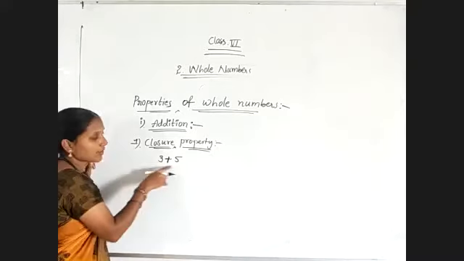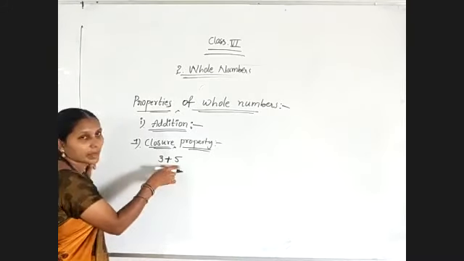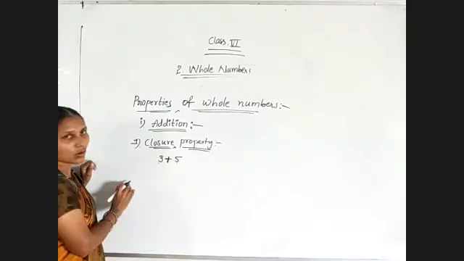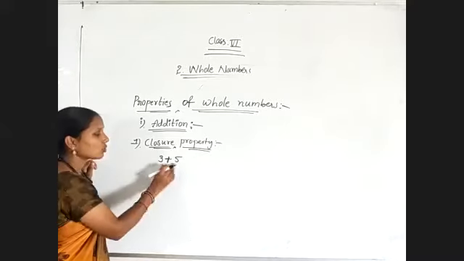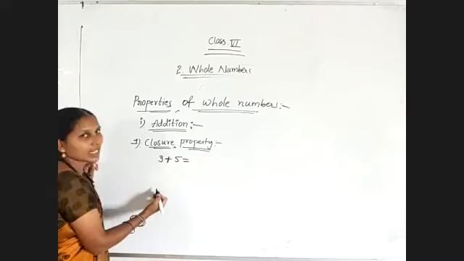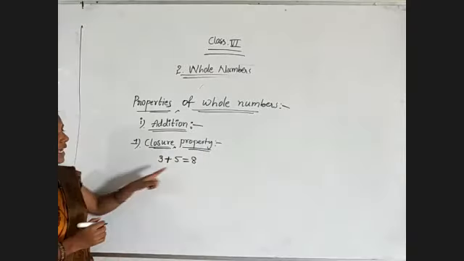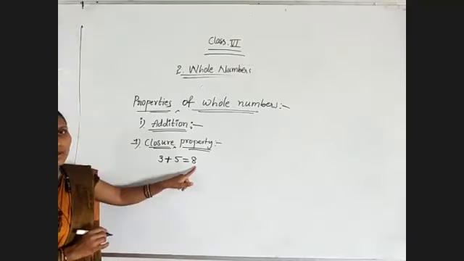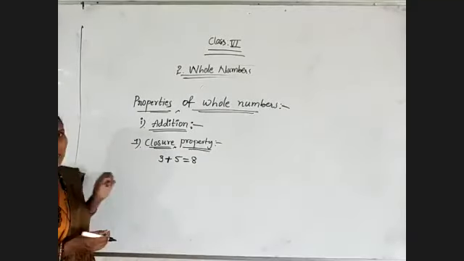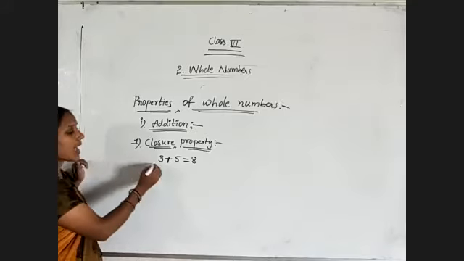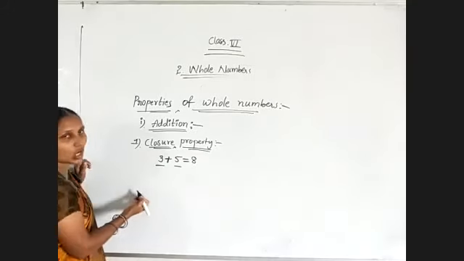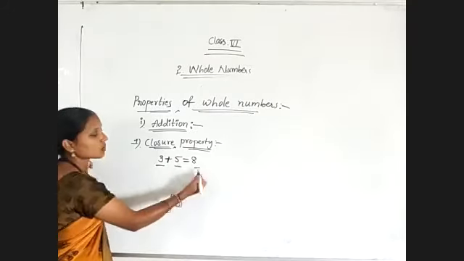If I am adding two whole numbers, 3 and 5, both are whole numbers, what result am I getting? 3 plus 5 is equal to 8. So 8 is which number? A whole number only. So the closure property states that if you are adding any two whole numbers, the result also is a whole number.